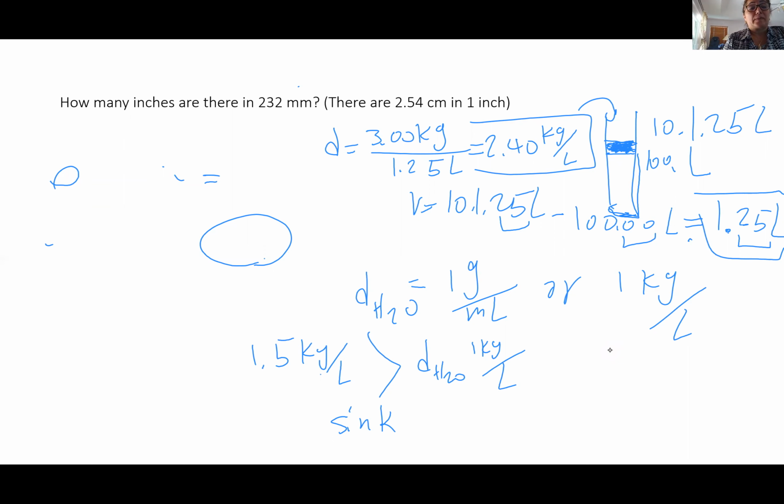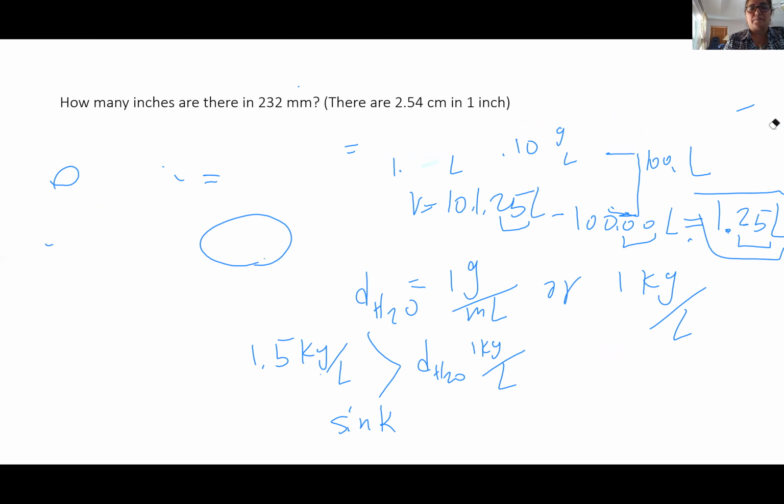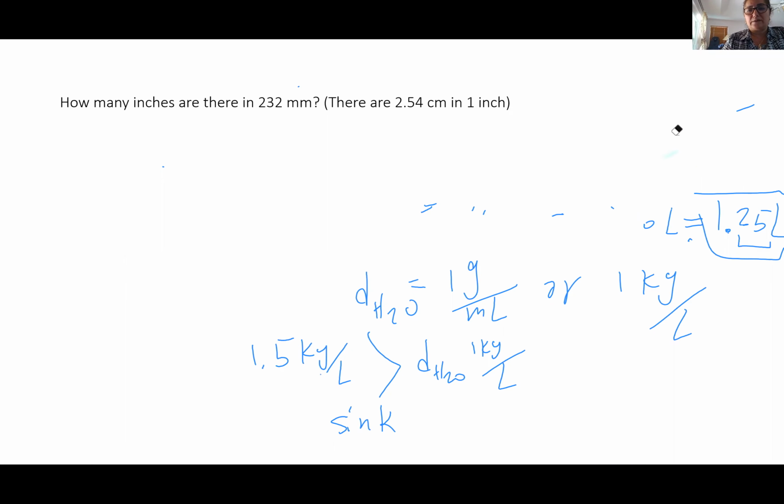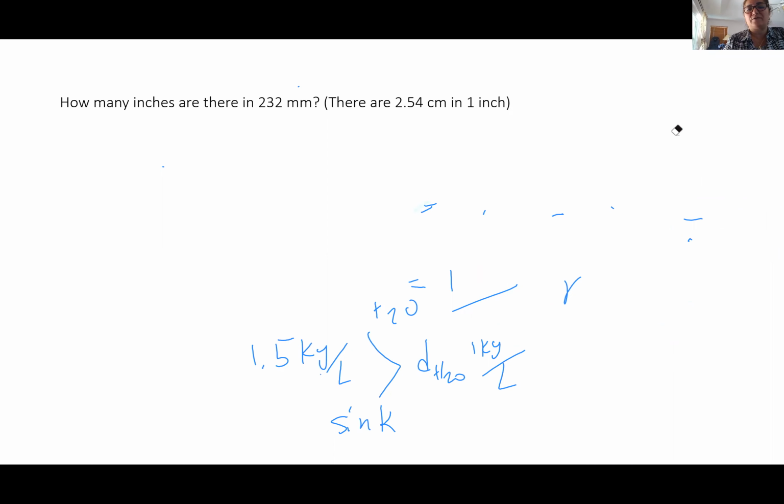Next question. Okay, for the next question, just erase these numbers again. It is asking you how many inches are in 232 millimeter, and the definition is given for you. 1 inch equals 2.54 centimeter.